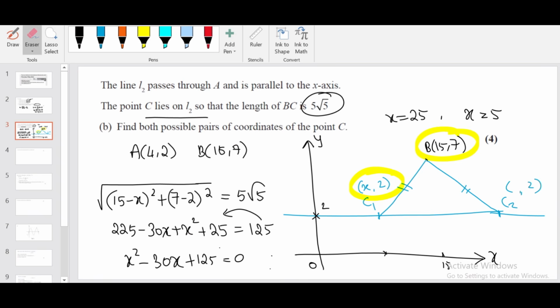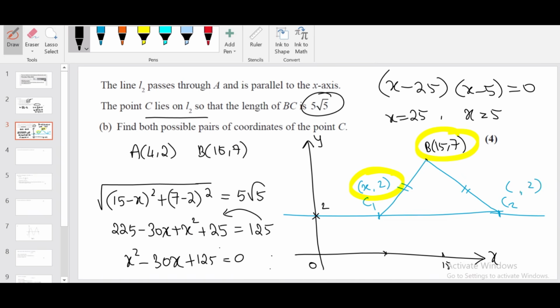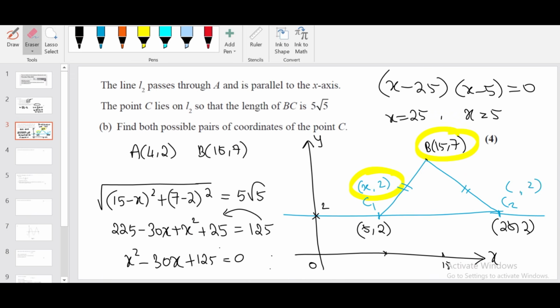But you need to write a step, write it as x minus 25 times x minus 5 is equal to 0. That means the point C1 is 5 comma 2, point C2 is 25 comma 2. That's the answer here. Let's move on to part C now.